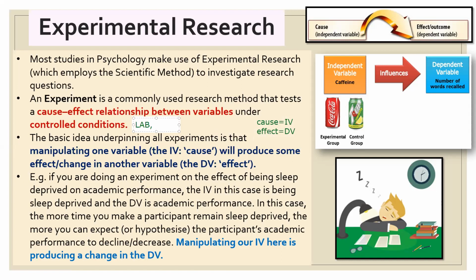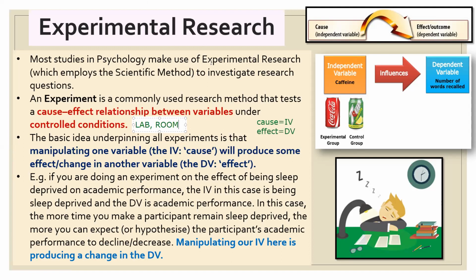That would basically be an example of a controlled situation. So a lab or a room, something that can be easily controlled there. So that's basically looking at our controlled condition there.